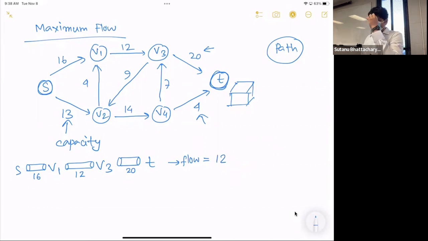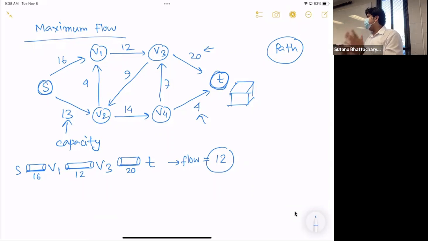So tell me, what is the relation between flow, actual flow, and capacity? The flow is 12. For this pipeline, the capacity was 16; for this pipeline, the capacity was 12; for this pipeline, the capacity was 20.